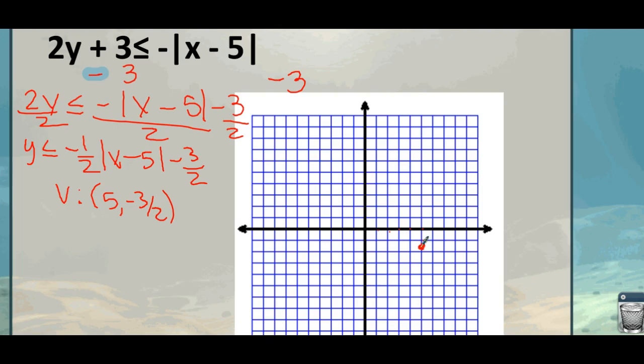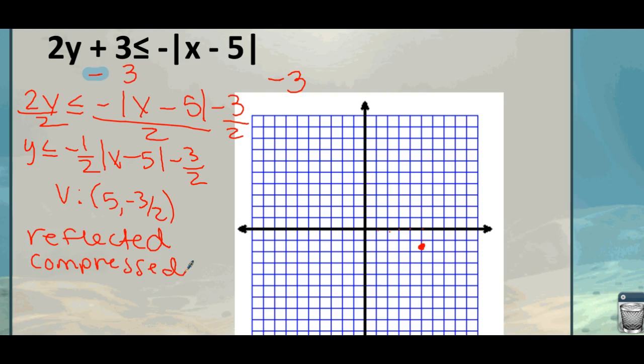And my slope is -1/2. So that tells me that this graph is reflected. So it means it's going to open down. And then it's also compressed because of that 1/2. So it's going to be open, down, and wider.